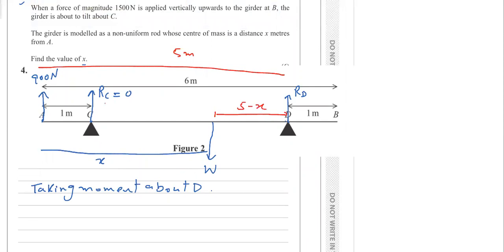And if I am taking moments about D, obviously this RD will become 0 because it's passing through this point. Then this 900 will provide a clockwise moment, and this W will provide an anti-clockwise moment in this case, because we are lifting it up, so it will try to rotate it in the anti-clockwise direction.